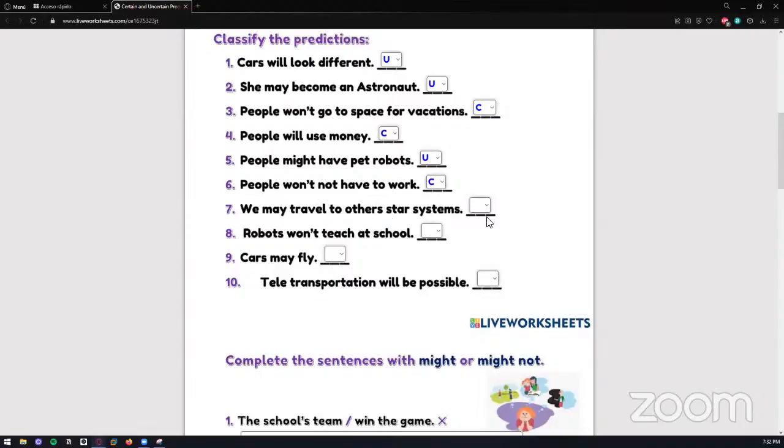We may travel to other star systems. Robots won't teach at school. Certain. Cars may fly. Teletransportation will be possible. I don't know, uncertain.